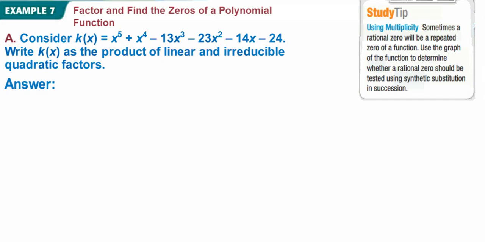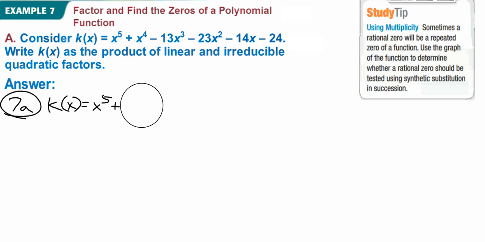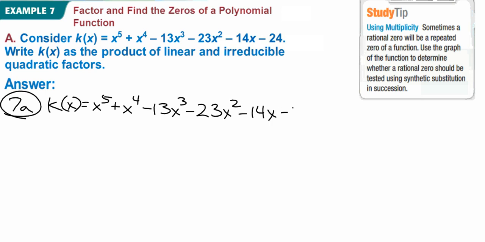And so here's our problem, 7a. K of x is equal to x to the 5th plus x to the 4th minus 13x to the 3rd minus 23x squared minus 14x minus 24.